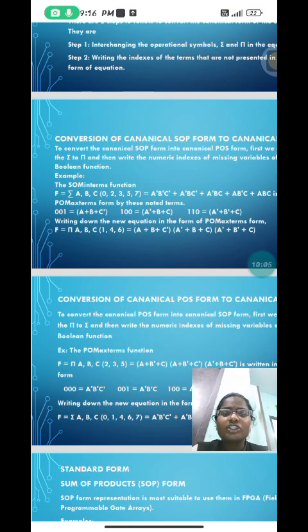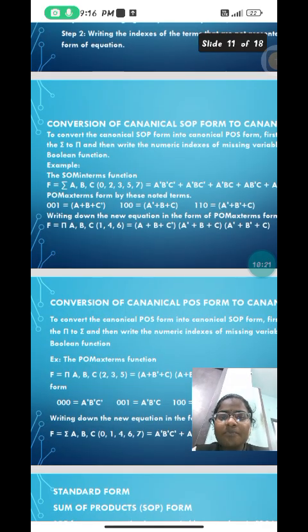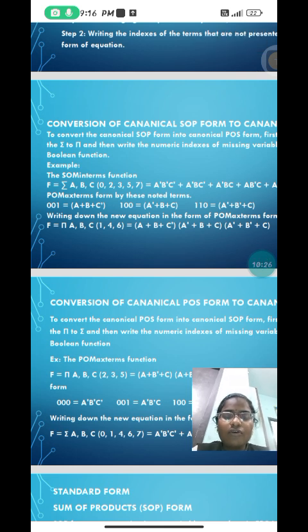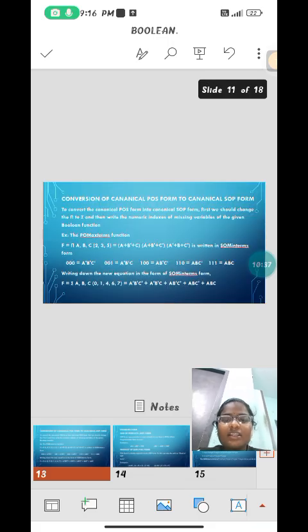Except these, 0 2 3 4 5 7 are present, so we represent f of pi a, b, c with the missing terms. 0 2 3 4 5 is there, but 1, 4, 6 is not there. Except this, we represent 1, 4, 6 in this way.